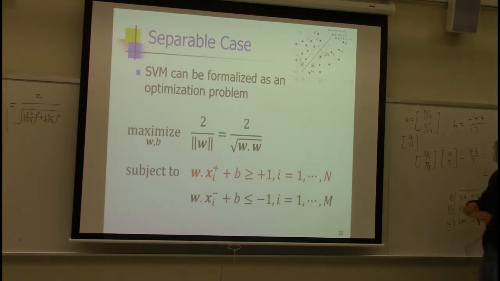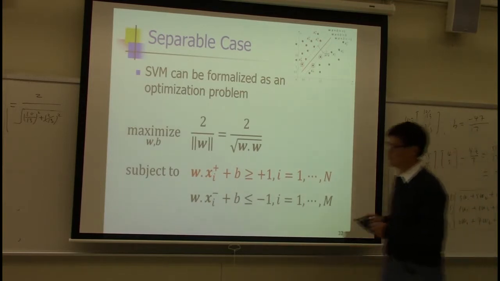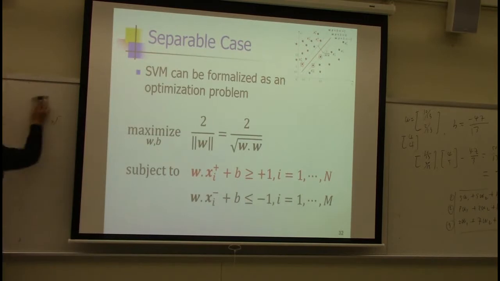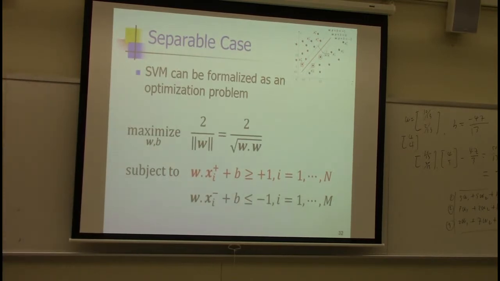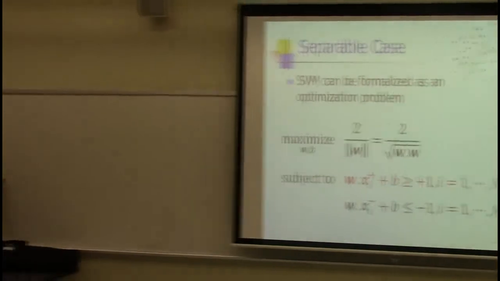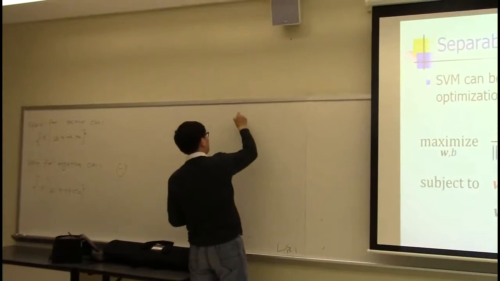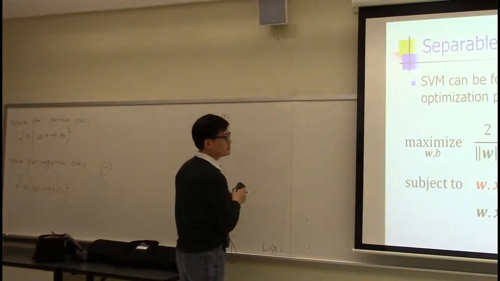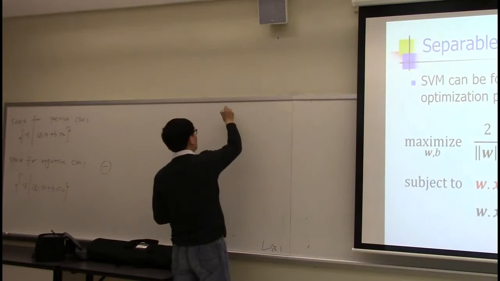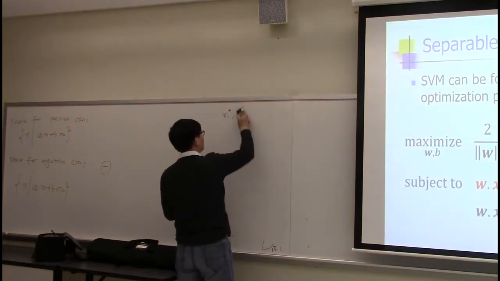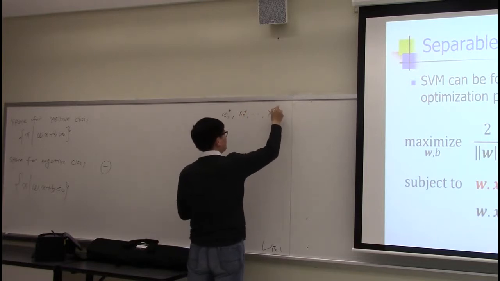So here, right? Suppose we have n positive points, x1 plus, x2 plus, xn plus.